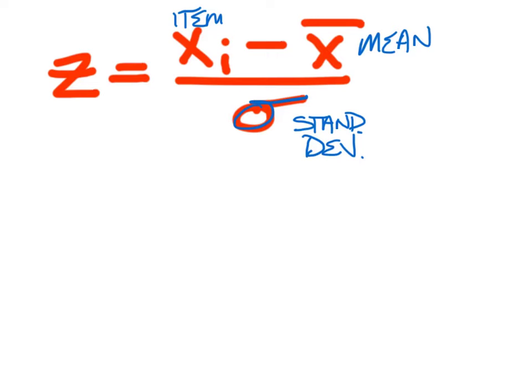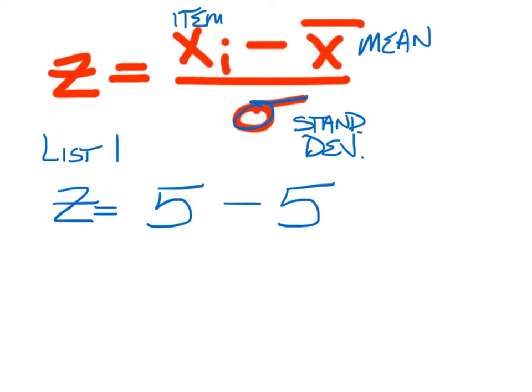From list 1, remember that the item, and I'll write this as list 1, the item was 5. So we put in 5, and the mean from list 1 was also 5, and the standard deviation was 2.5.